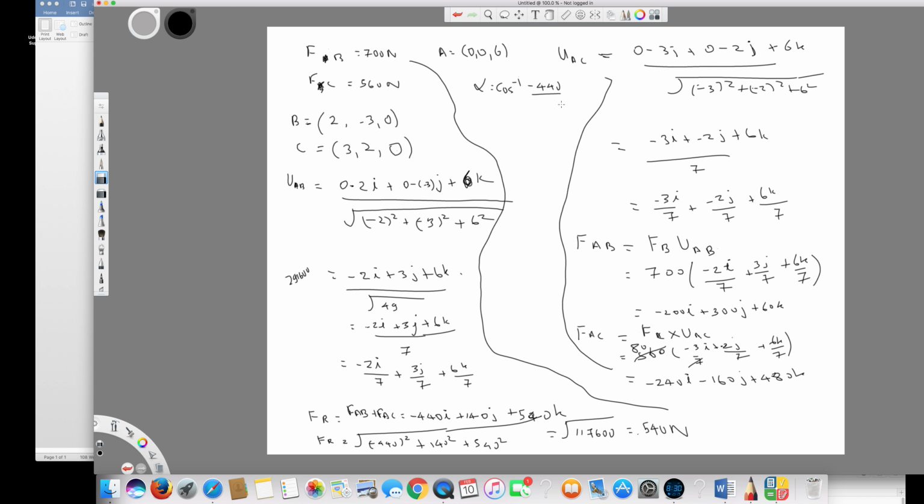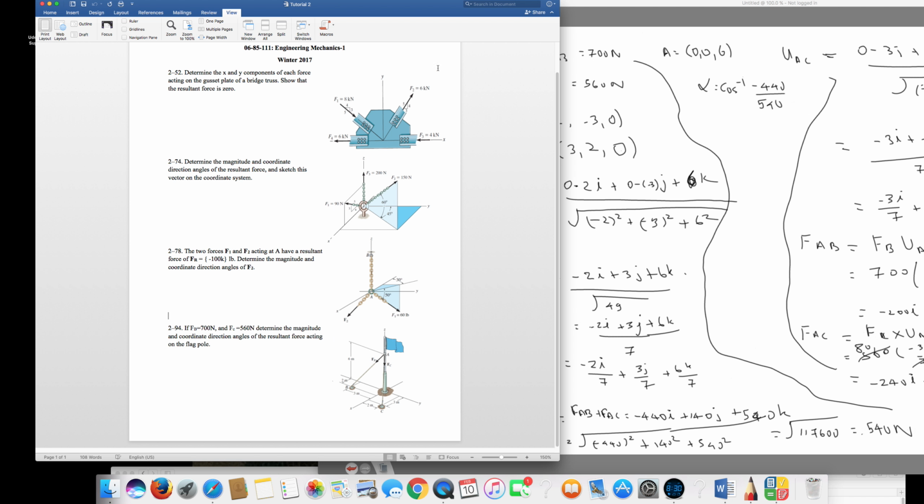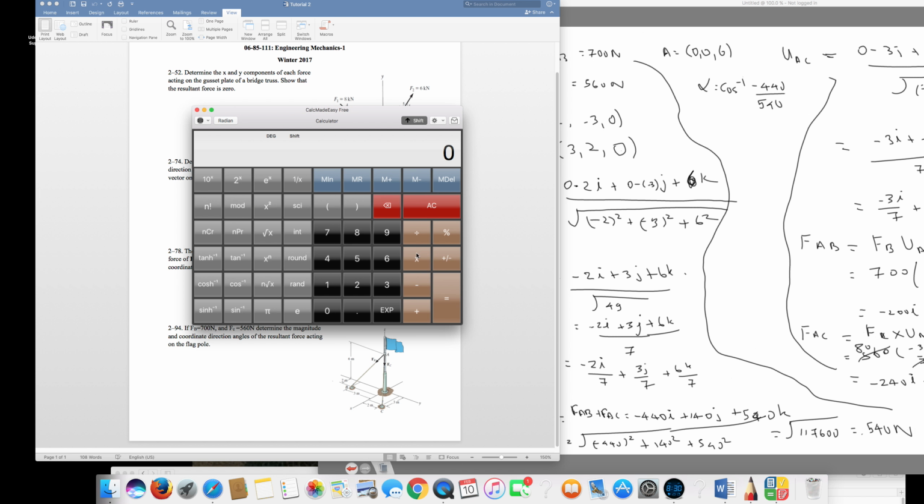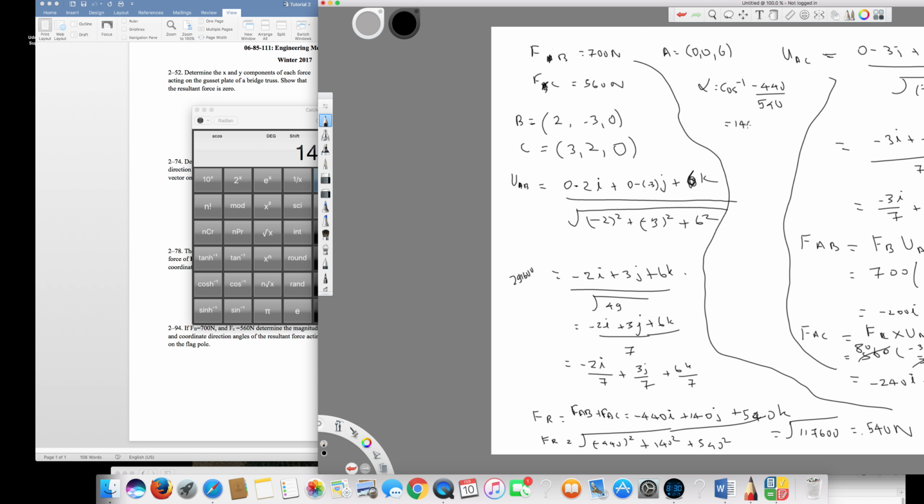So minus 440 divided by 540 is equal to this value, and if I cos inverse this, it's 144.6 degrees. This is my alpha.